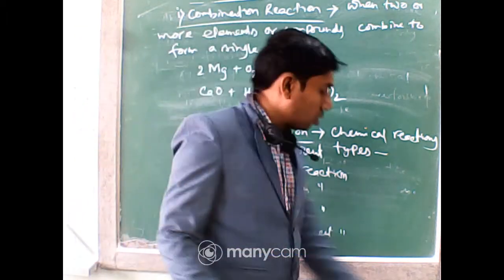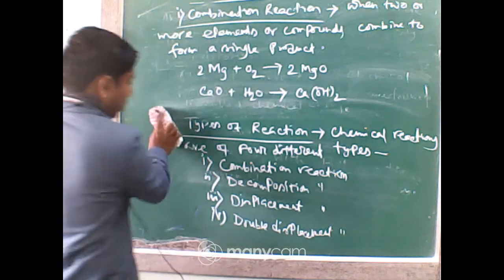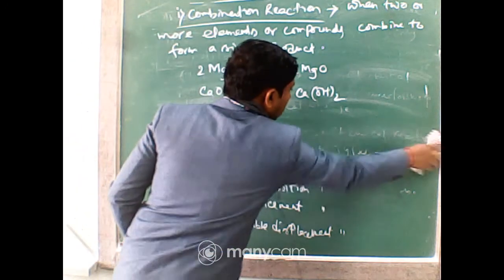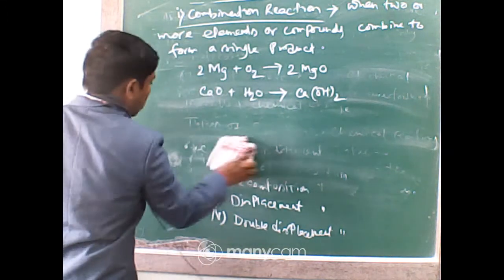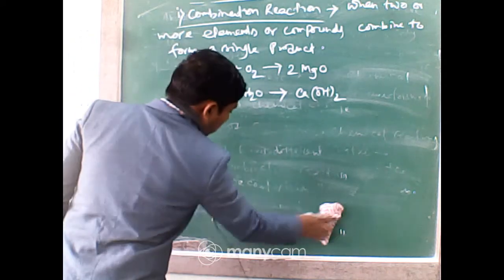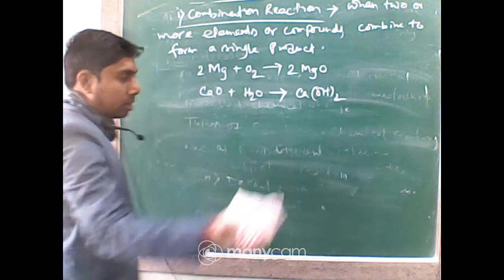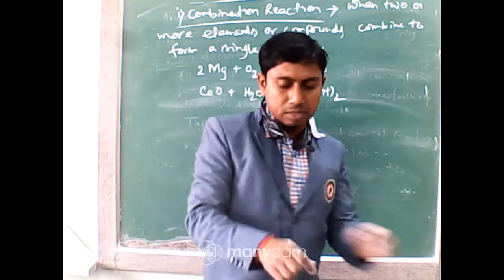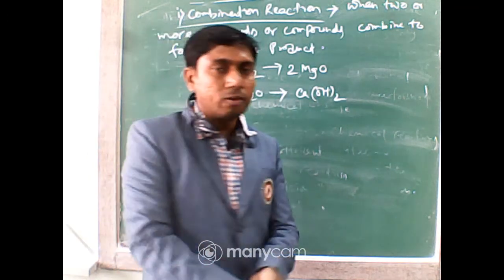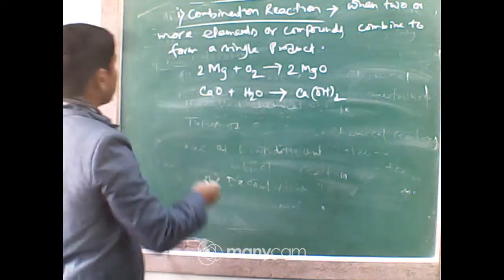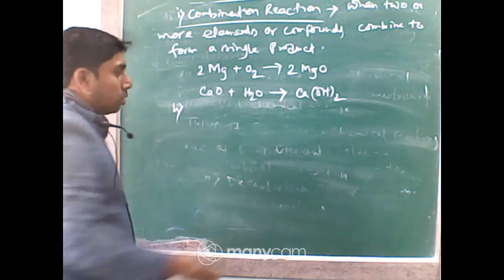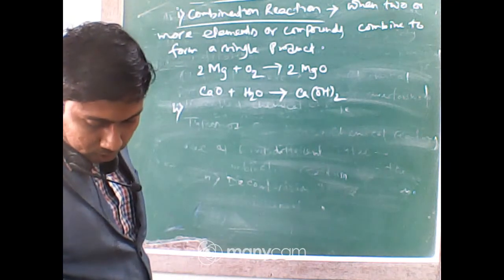Next, we will move to the next one, that is decomposition reaction. So from the word decomposition, we can guess that here is the decomposition of one substance and production of new products. So number 2, that is decomposition reaction.